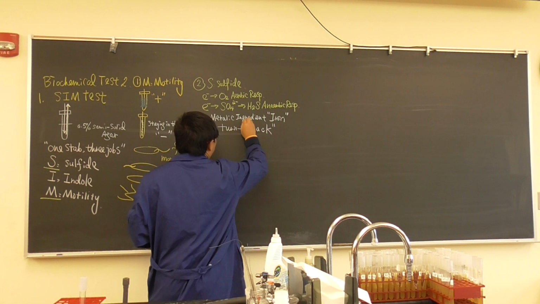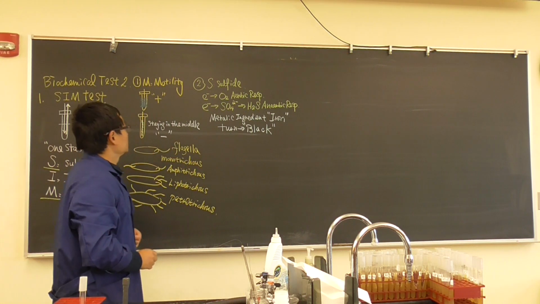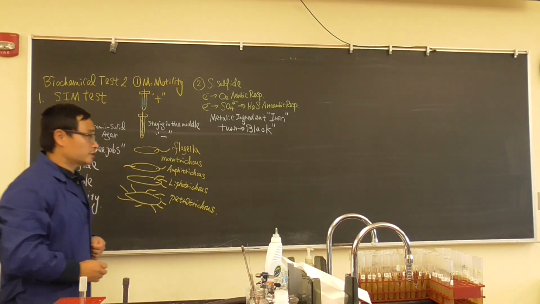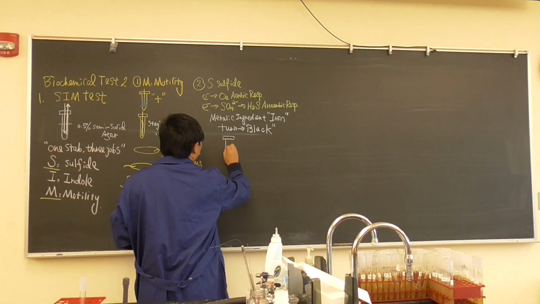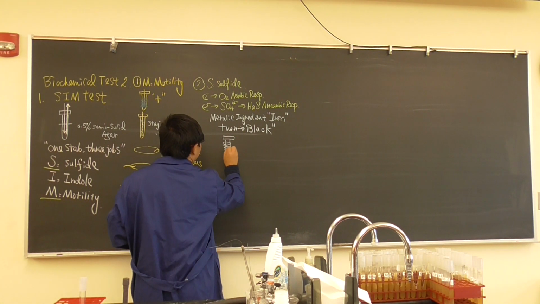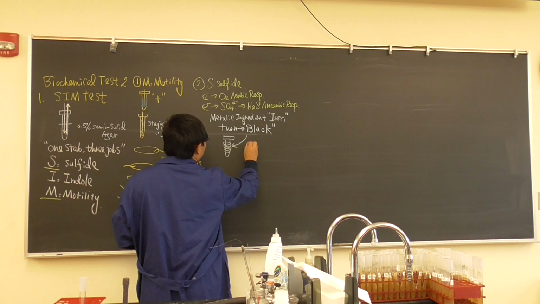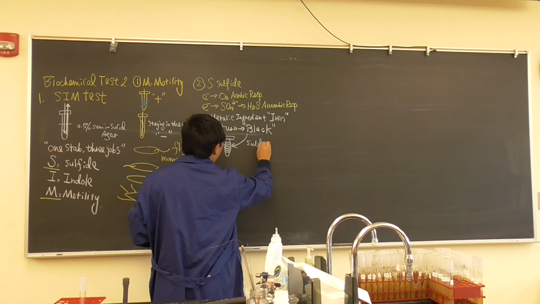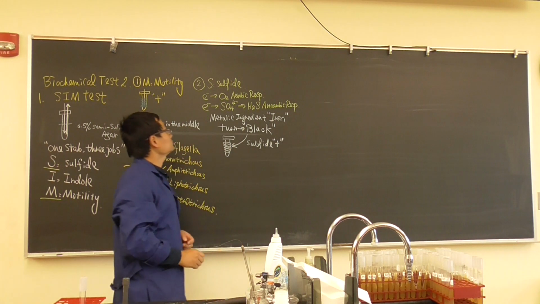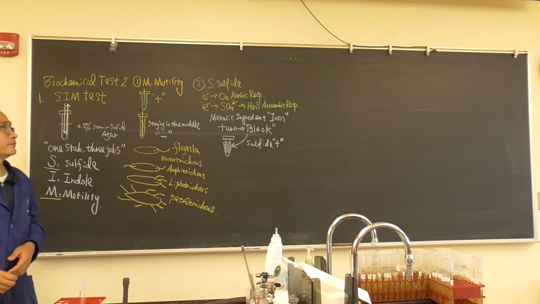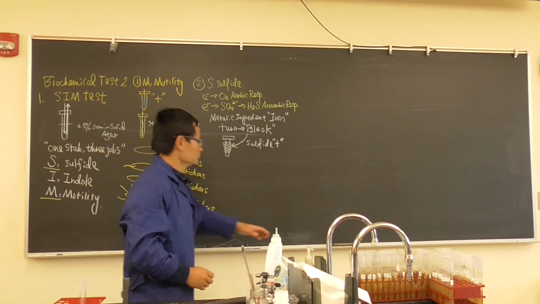So it is very simple. If next week, Tuesday, you see this tube, the whole thing turns black, it is sulfide positive. Okay? So that's the second one.